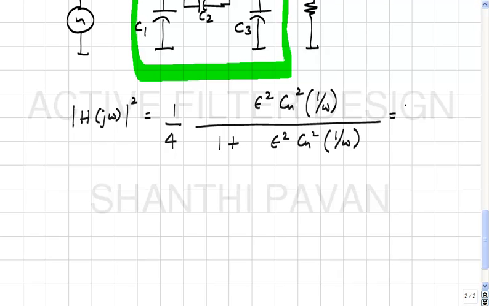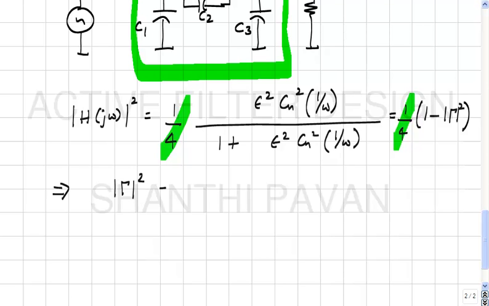And this, as we have discussed, must be 1/4 times 1 minus mod gamma the whole square, which means this and this go away, and we are left with mod gamma square is nothing but 1 minus epsilon square Cn square divided by 1 plus epsilon square Cn square, and what might that be? 1 by 1 plus epsilon square Cn square of 1 by omega.